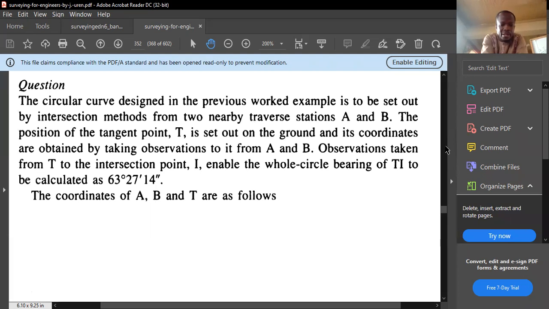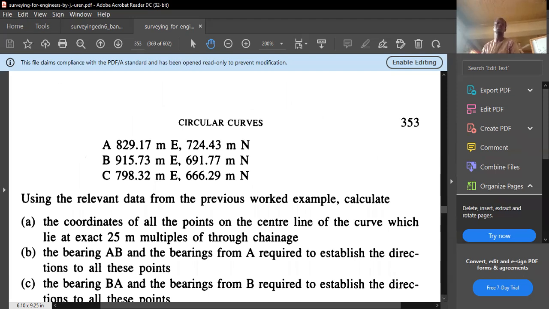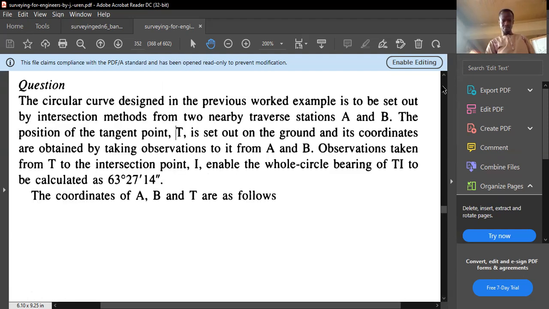The coordinates of A, B, and T are as follows.